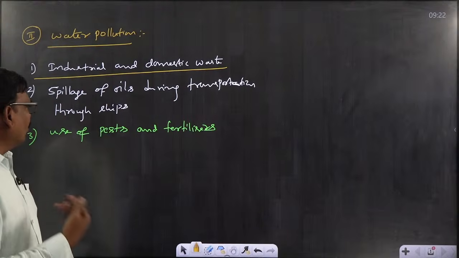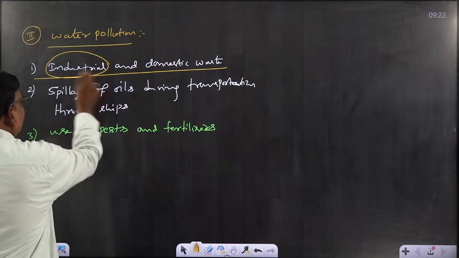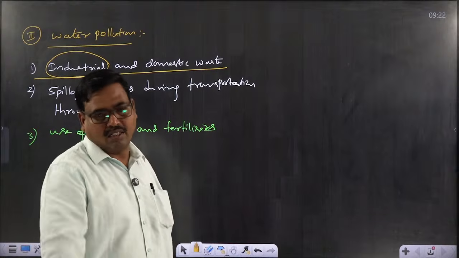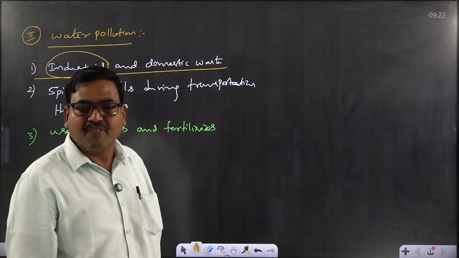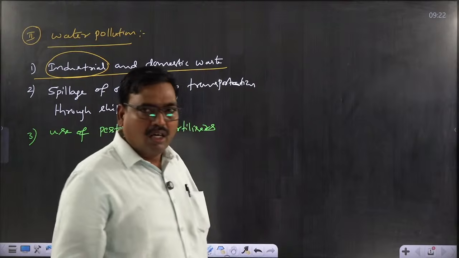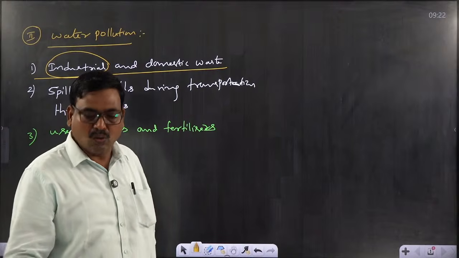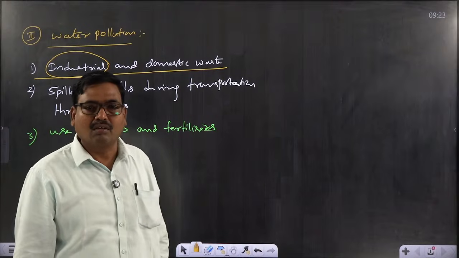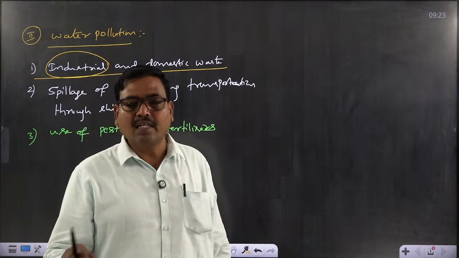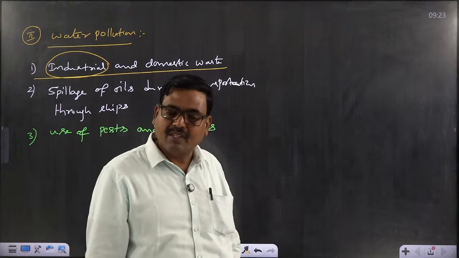So various waste will be released from the industries. Those chemicals will be directly released into the water bodies and cause water pollution. Pure water has no smell, no color, no bad odor. Due to the release of this waste into water, that water will be polluted.